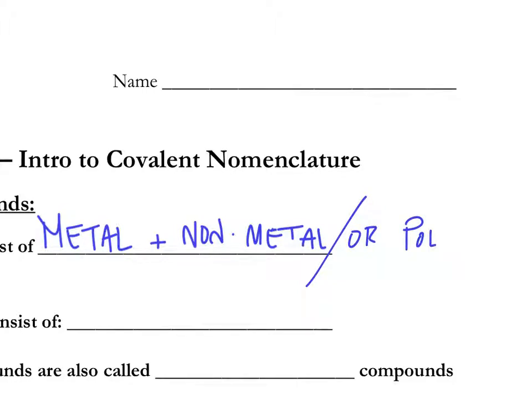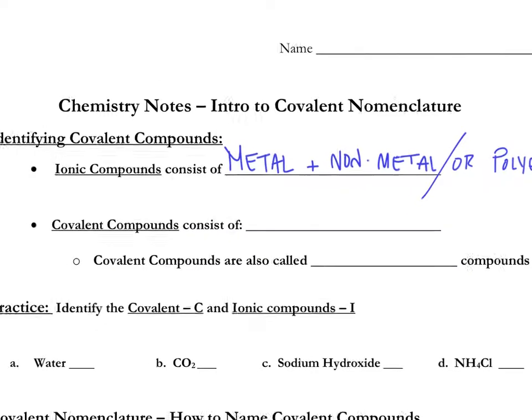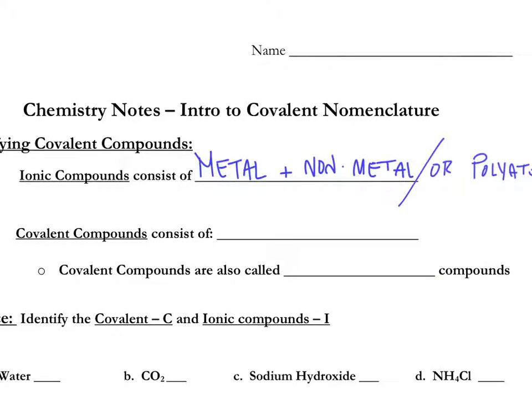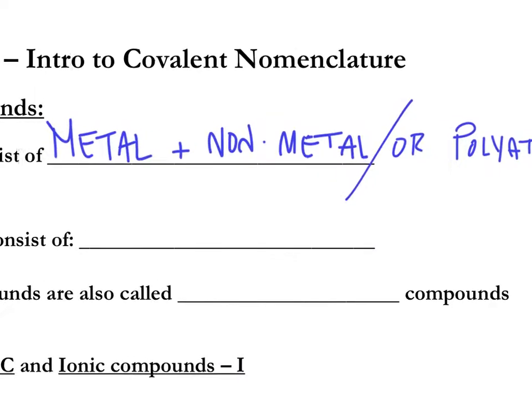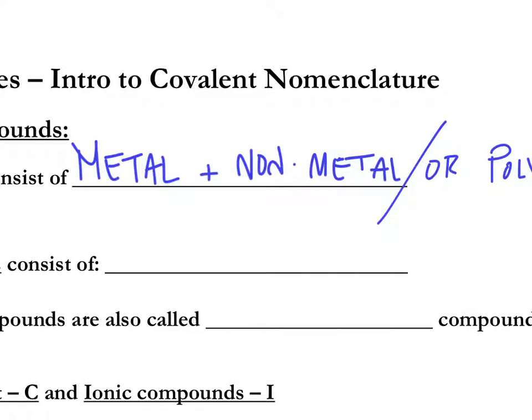So anything between a metal and a nonmetal, or a polyatomic ion. A covalent compound consists of a bond between two or more nonmetals. And another name for a covalent compound is a molecular compound.